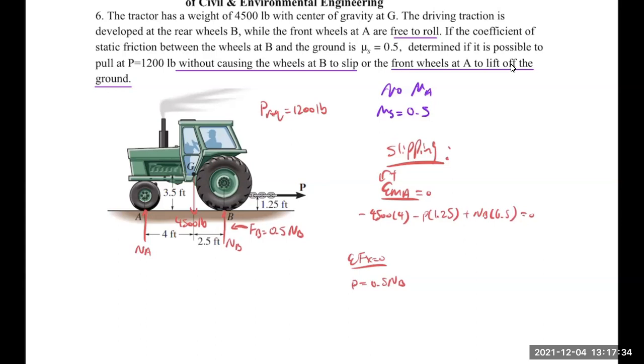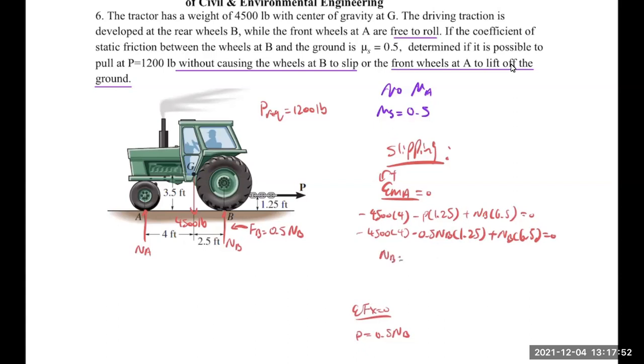plug this back in. So negative 4,500 times 4, minus 0.5 NB times 1.25, plus NB times 6.5. In this equation there's only one unknown, which is NB. Solving in terms of NB, we get that NB is equal to 3,063.8 pounds.